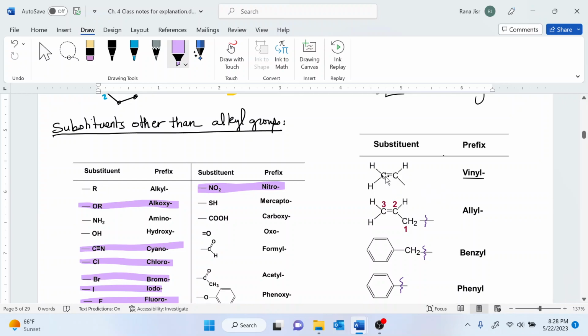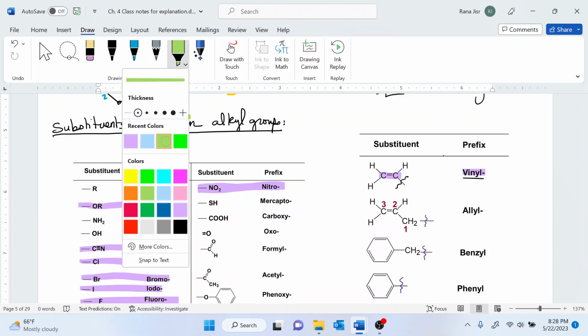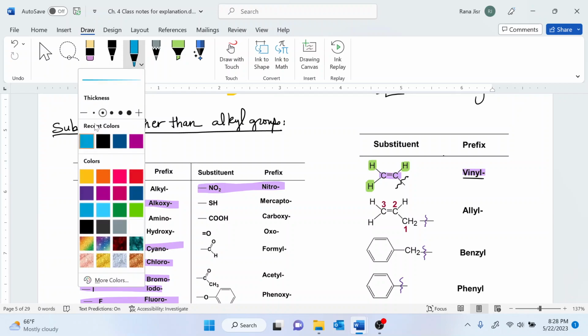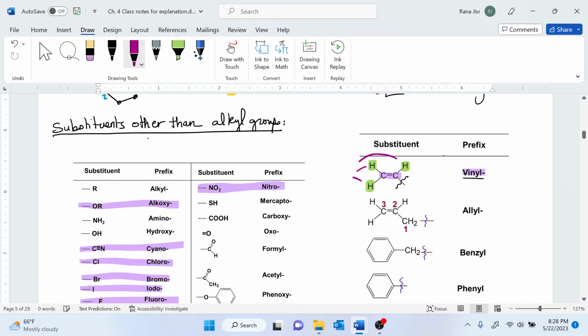So let's say, for example, if you have an alkene hanging off the main chain. So this is a 2-carbon alkene, and it's hanging off the main chain. Then we are going to call this alkene a vinyl group. It's going to be a vinyl group. And the hydrogens that are on this vinyl group, we're going to call those vinylic hydrogens.